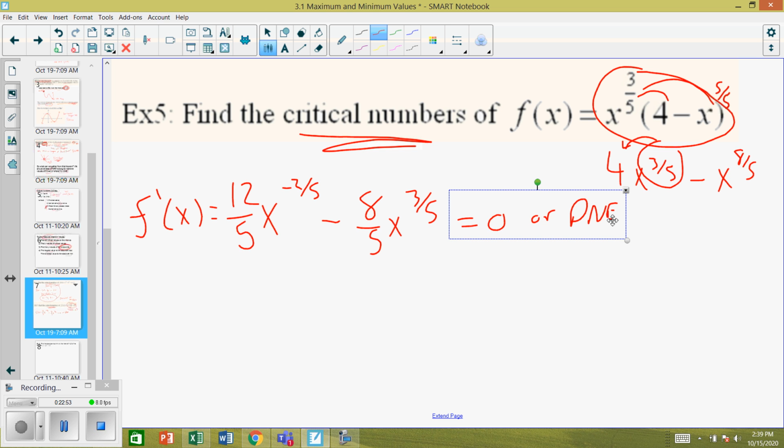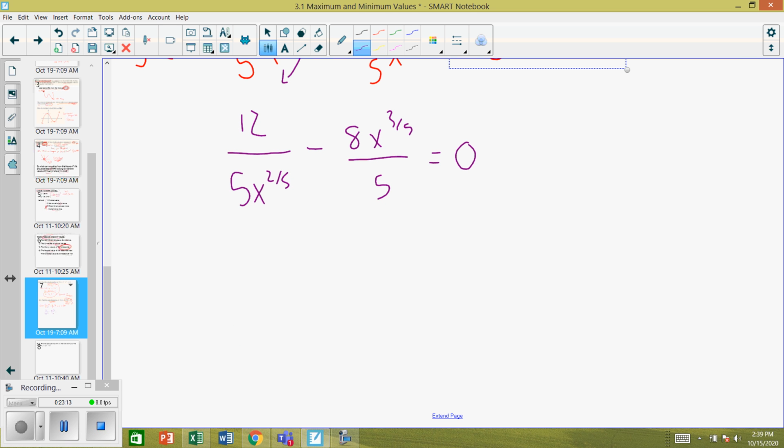All right, so first things first, if I'm solving this, let's maybe simplify it a little bit. Let's do 12 over 5, x to the 2/5, so bring that power to the bottom. And we still have 8, x to the 3/5 over 5. If I want to combine these together when I'm solving for 0, maybe we should get a common denominator.